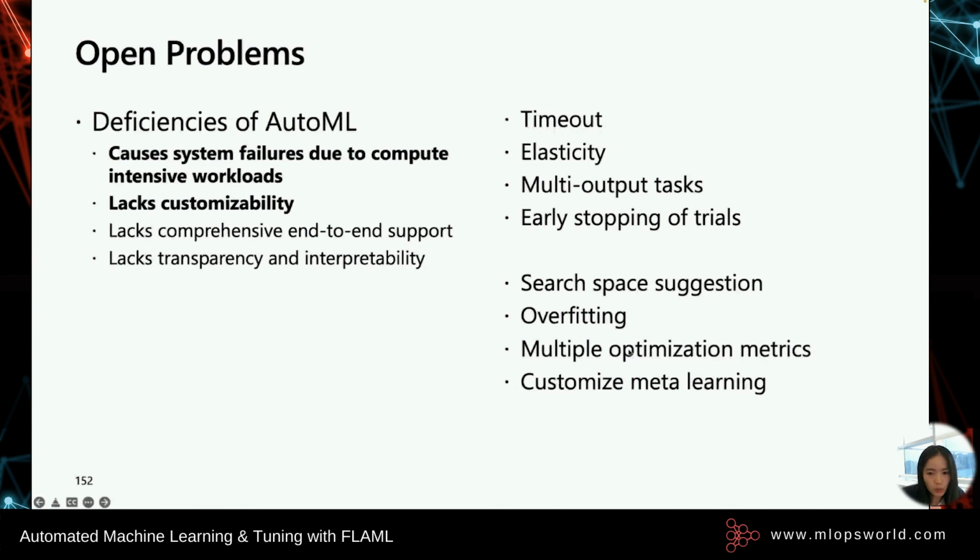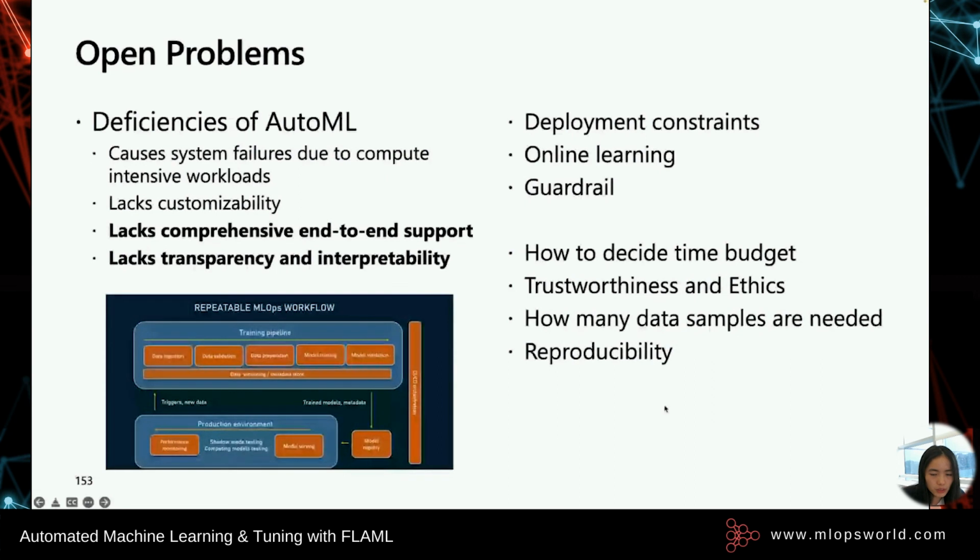And how to perform AutoML with multiple optimization metrics? And regarding comprehensive end-to-end support, transparency, and interpretability, the open problems include, for example, how to incorporate deployment constraints into the AutoML loop efficiently, how to automatically find not only a model but also a guardrail for a consumer, and can we estimate how long a given task takes AutoML to find the best model?